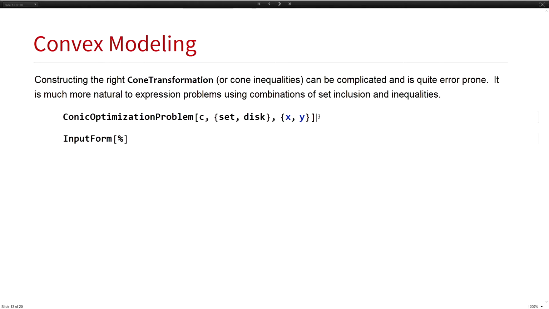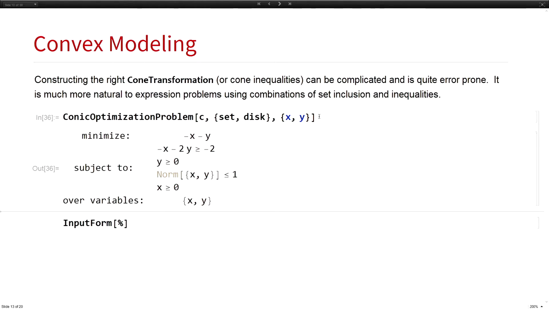Let's look at the idea of convex modeling. I've set up a very prototype command, which is actually for my debugging. I don't think you're going to want to construct these cone transformations on your own. I've figured out how to do it because I've been working with this stuff for a few months, but it's hard going.